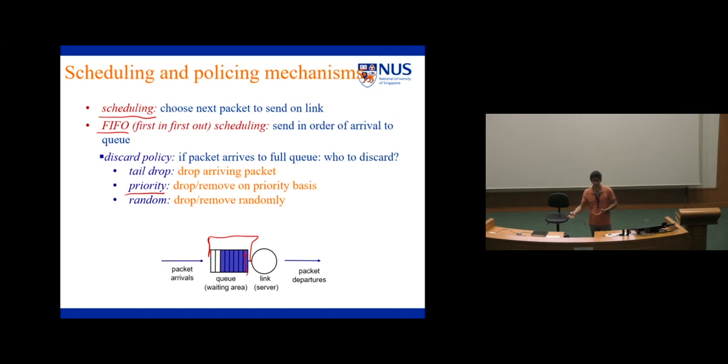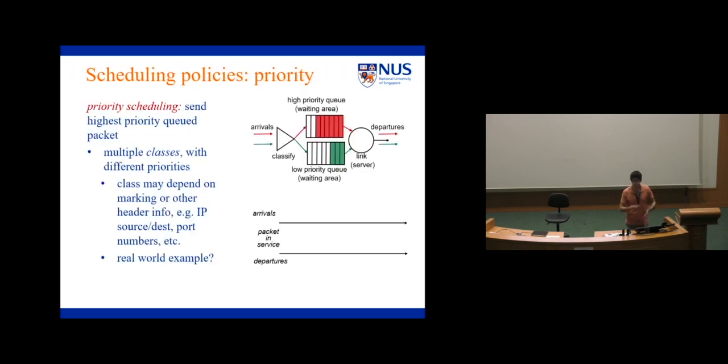So perhaps we can drop the packets from a tolerant application, an application which can tolerate some loss. So all these policies are possible in routers. You just need to write certain algorithms there.